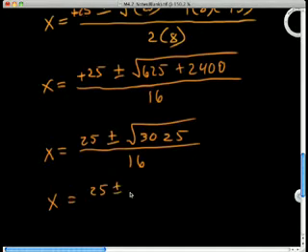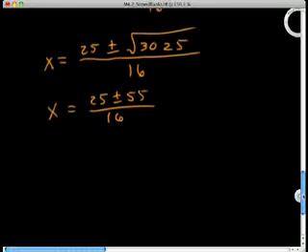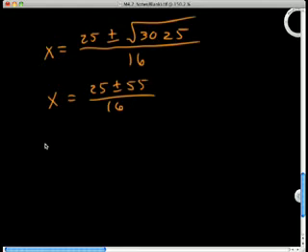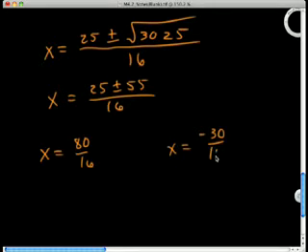So 25 plus or minus 55 over 16. So I get two possible answers. 25 plus 55 is 80 sixteenths. And 25 minus 55, what's that, negative 30 sixteenths? Did I do that right?